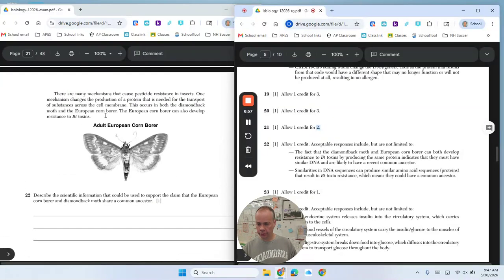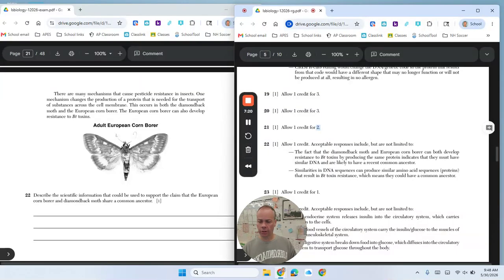Now we're on to another example of a different organism, the adult European corn borer. One mechanism that gives them resistance is a protein that transports substances across the cell membrane. And this protein is in the diamondback moth, which we just read about, and this European corn borer.